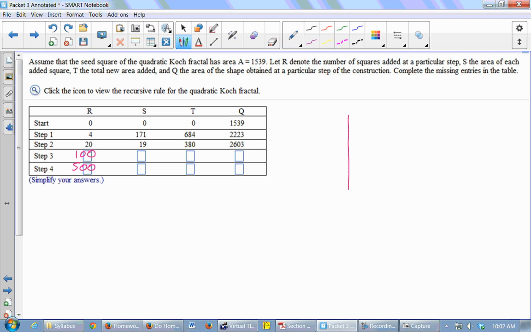So let's see, I'm just going to draw maybe one step. So here's the first step, and the area of this square is 1,539. When I add on these squares onto the middle third, let's see if I fold them in just like I did with the snowflake.